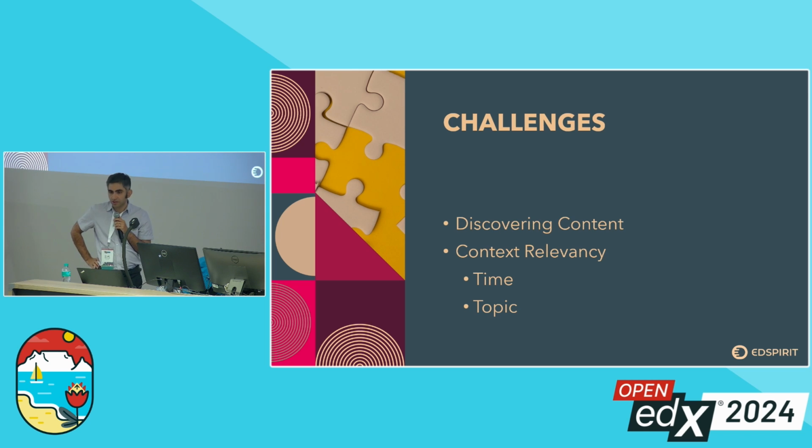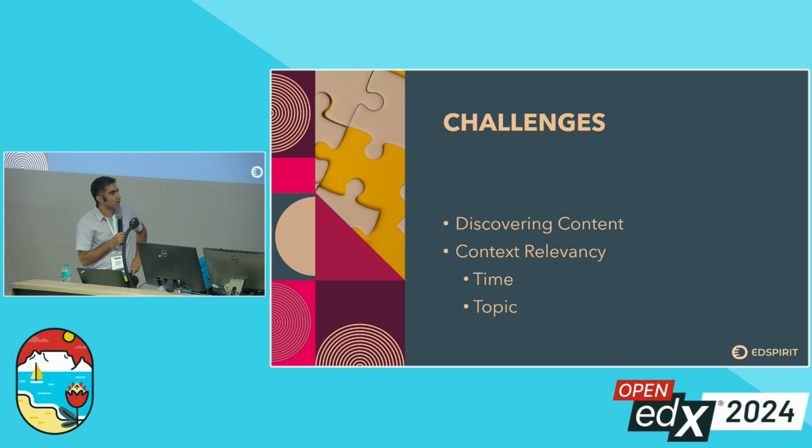First challenge is discovering content. If you're looking for content, how are you going to find it? Structures such as wikis are very easy to find content in, because they have metadata. If you know what you are looking for, you do a search, or if they are structured by tags or some sort of things, then you are able to discover the content.